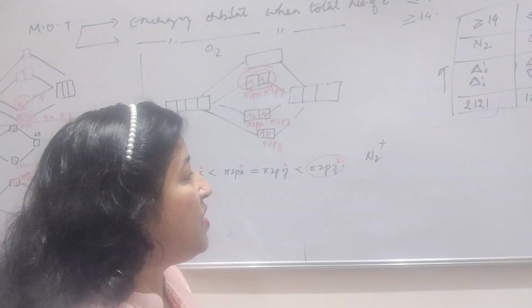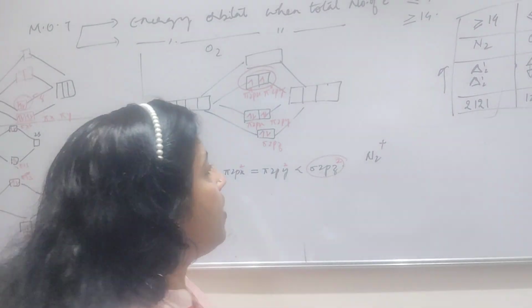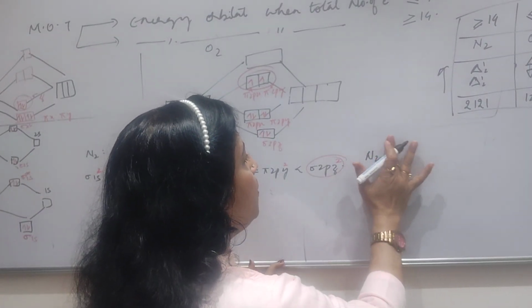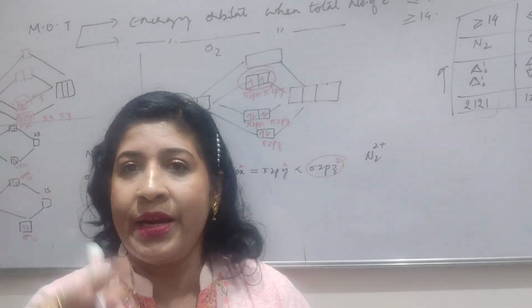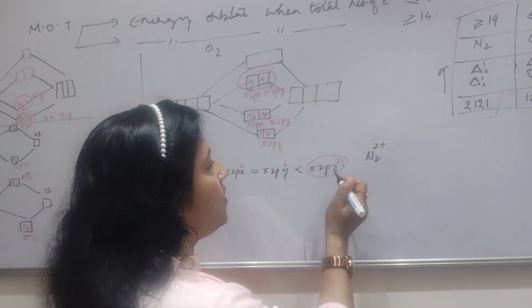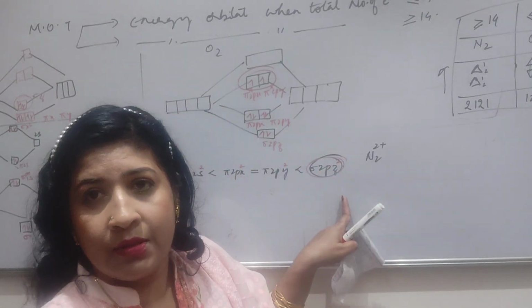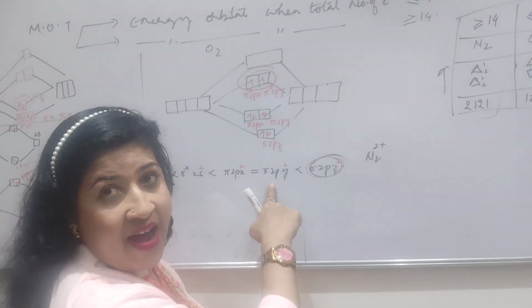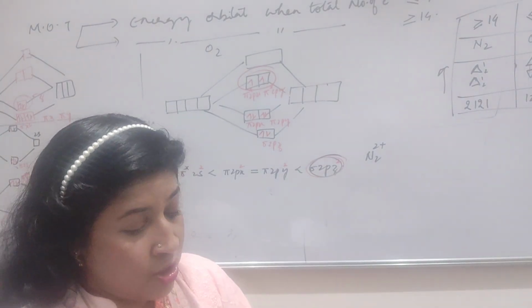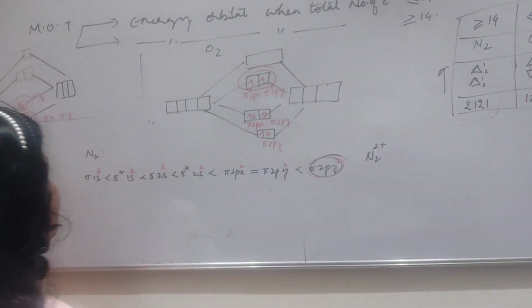N2 plus means one electron is less. Or they may say N2 2 plus. 2 plus means 2 electrons are less. So of course this complete will go off. The last electron will be in pi 2py. So you should know which molecule is being asked and how to proceed with that.